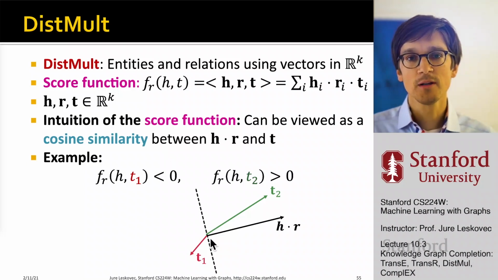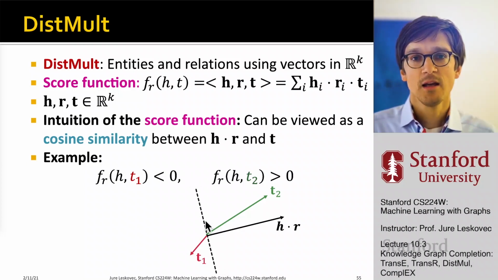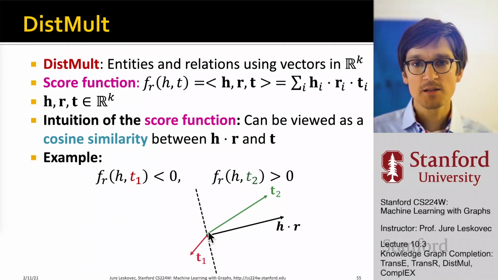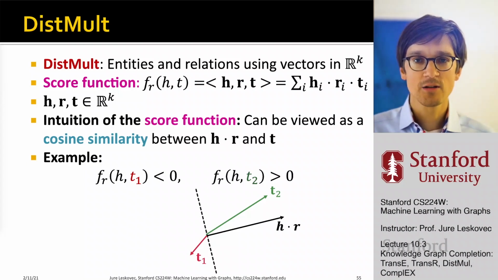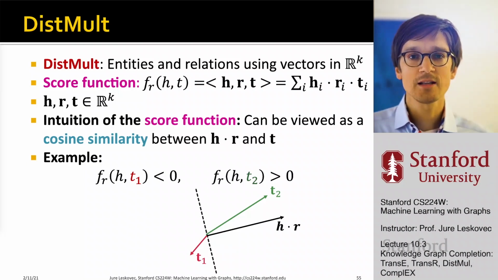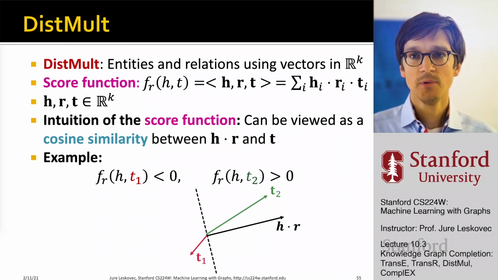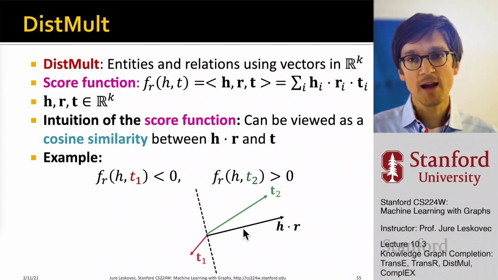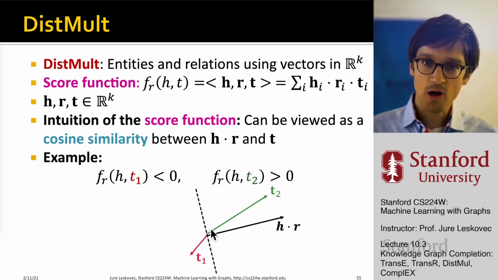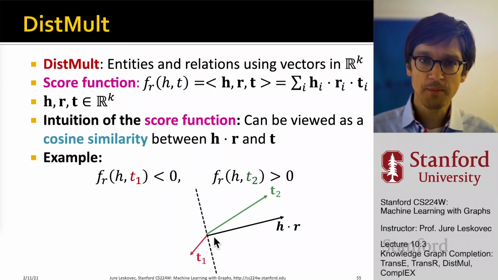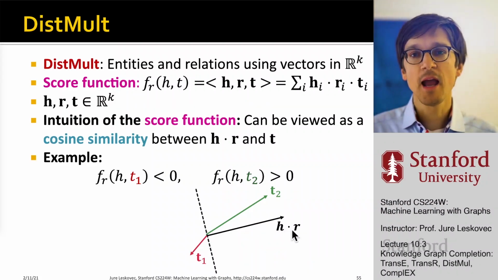Another thing that is important is that because this now defines a hyperplane in the embedding space, this dot product can either be positive or negative. And whether it's positive or negative tells me whether the point lies on the left hand side or the right hand side of the hyperplane. The hyperplane is really defined by a vector that is orthogonal to it, and this vector is simply h times r.